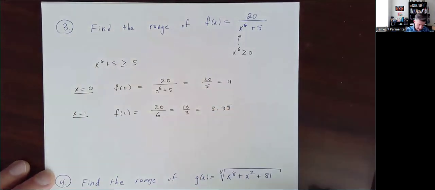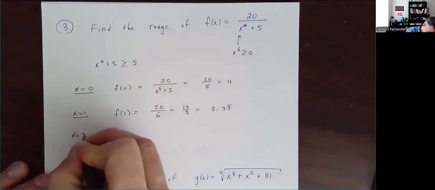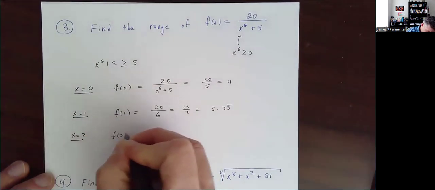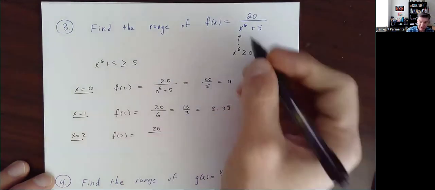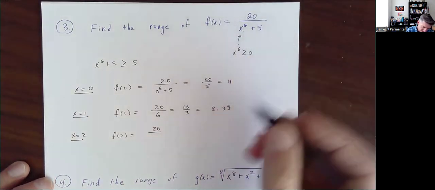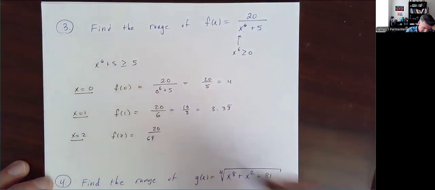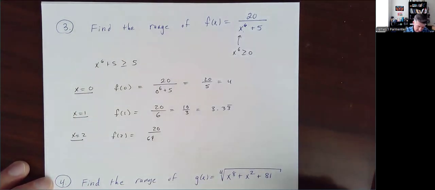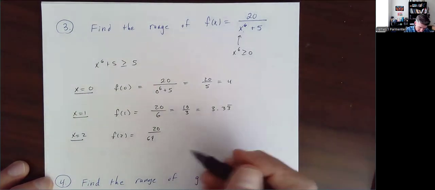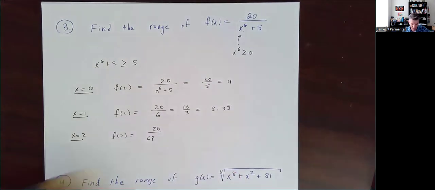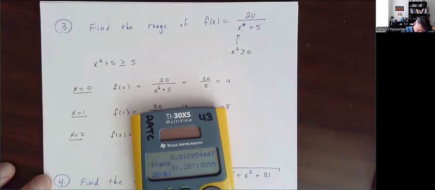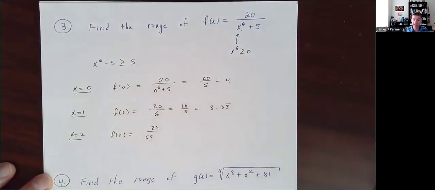Oh, it got smaller. And if you pick x equal to 2, even smaller. f of 2 is going to be 20 divided by, let's see, 2 to the 6th power is 64, plus 5 is 69. 20 over 69 is definitely less than 3 1/3, right? Let's find out. 20 divided by 69 is 0.28.